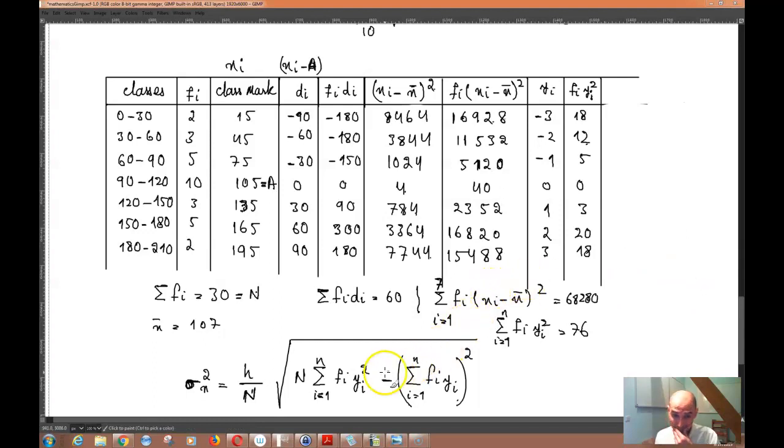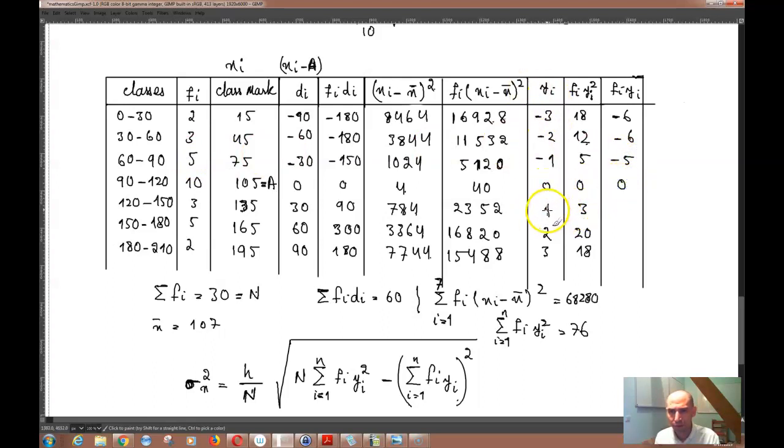And then you have to multiply n by that. And f of i, y of i, I have to calculate that as well. So that is equal to 2 times negative 3, that's negative 6. That is 3 times negative 2, which is equal to negative 6. That is 5 times negative 1 is negative 5.